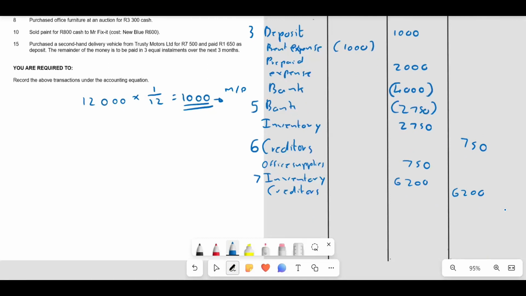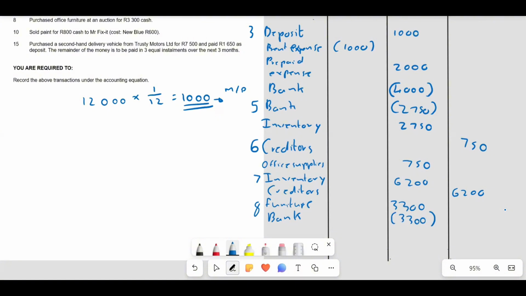So day 8, we purchased furniture, and we purchased for cash. So basically our bank is going to get affected. Therefore furniture would be increased, which is an asset, for 3,300. And our bank would be credited basically. So therefore, a decrease in our bank of 3,300.